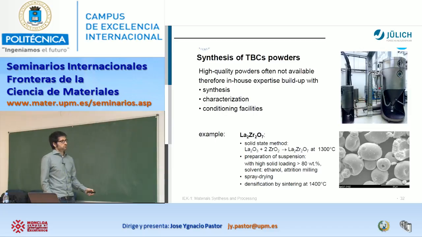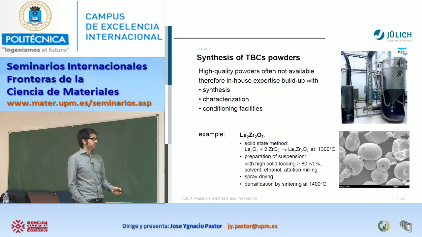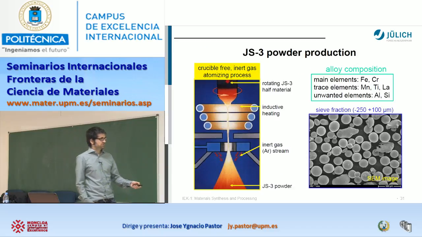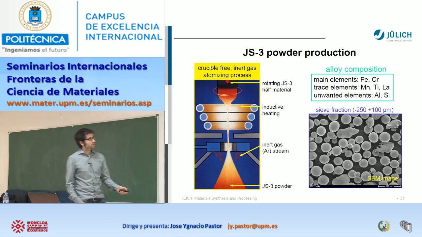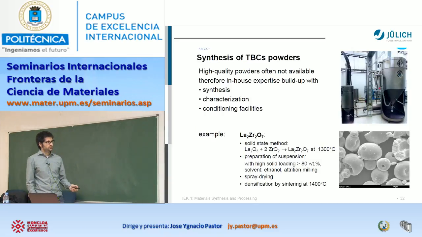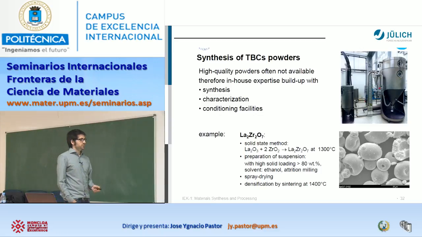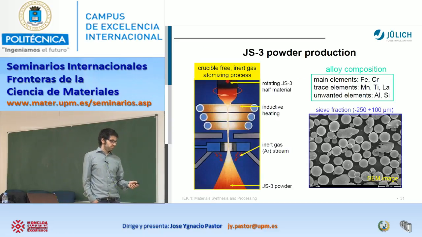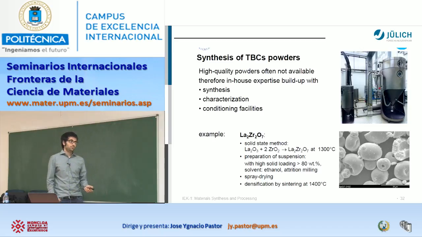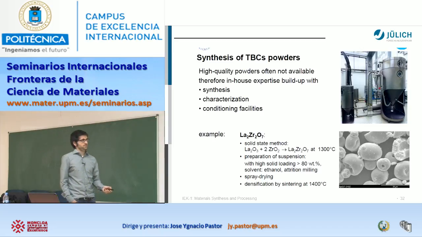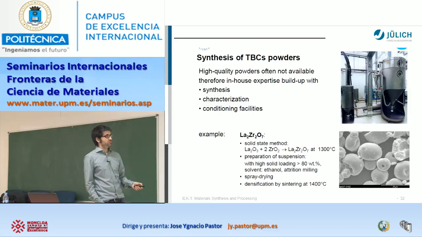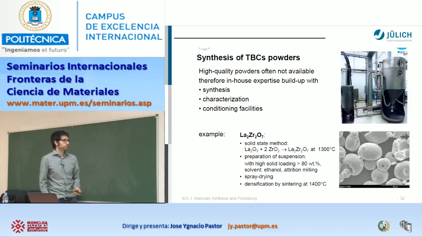You incorporate these elements and heat at 1300 degrees, but in this case it's through a suspension with a really high content, and you spray dry it, and when they melt they form spherical particles. Obviously this one maybe looks nicer than that one, but it's relatively easy to have spherical particles for metals. For ceramics it's quite complex, and these particles are really nice and really well produced.